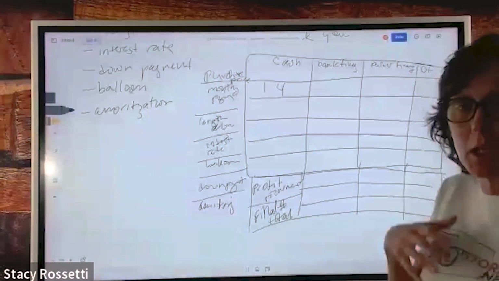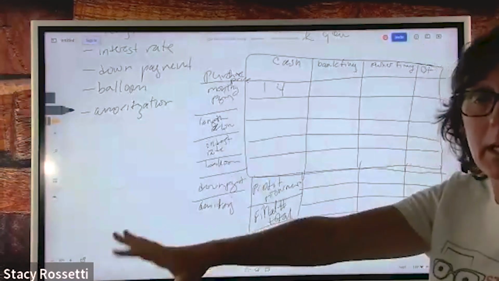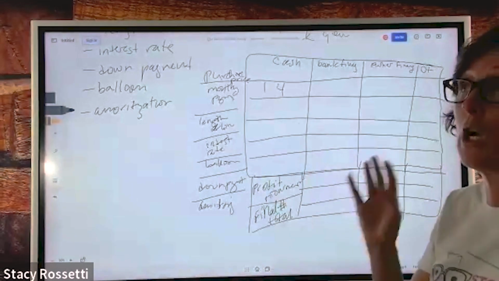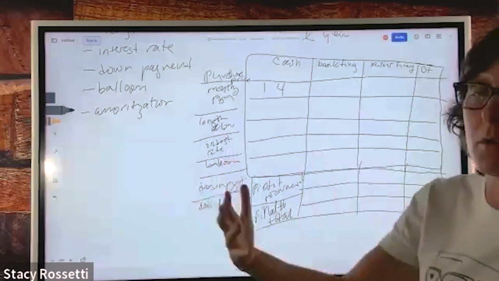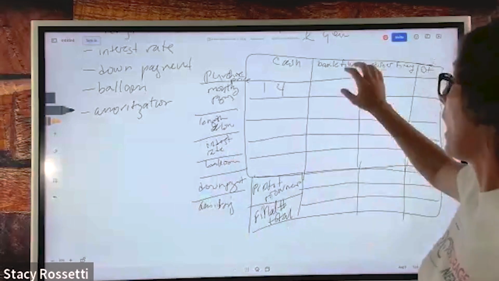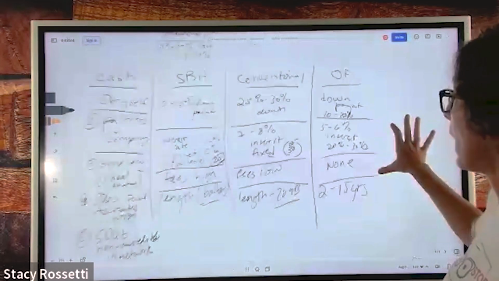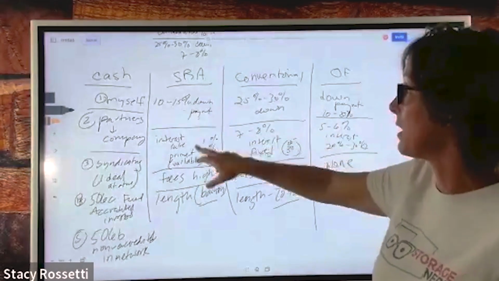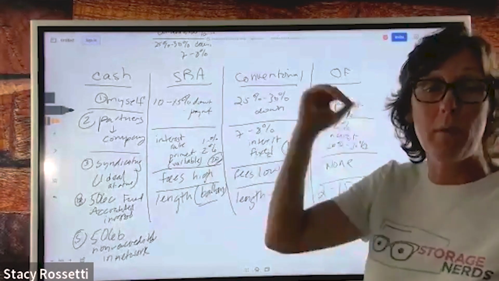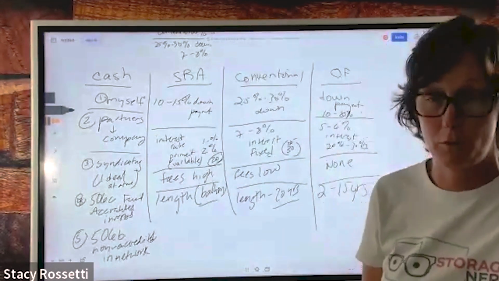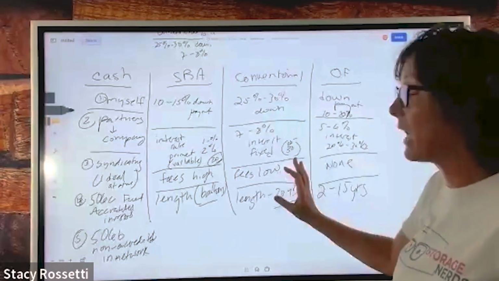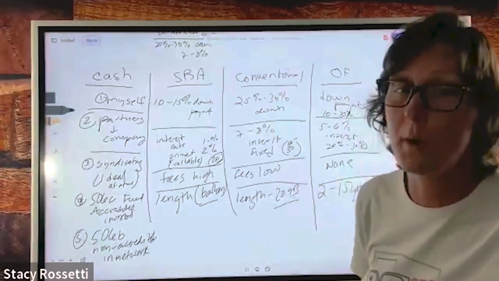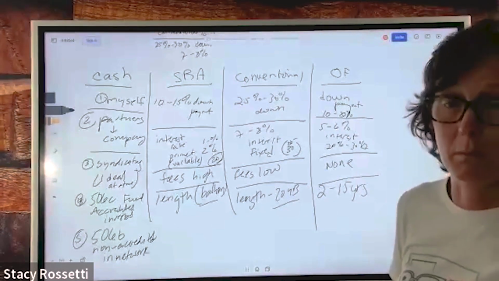But if I went to a bank and got a loan for that same property, I would not be able to pay $1.4 million for it because the numbers don't work. Remember, I'm running the numbers at 10% down and the interest rate. That brings the number down to $900,000 if I'm going to get an SBA loan. If I'm going to get a conventional loan, I could probably pay $1.1 million for this property.